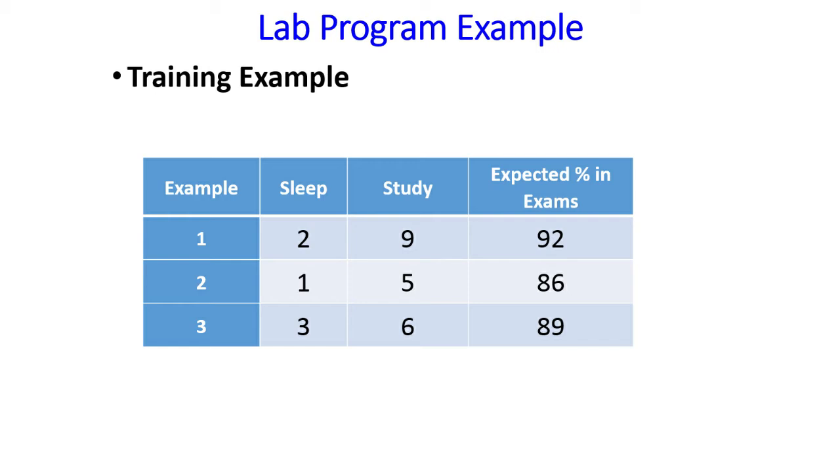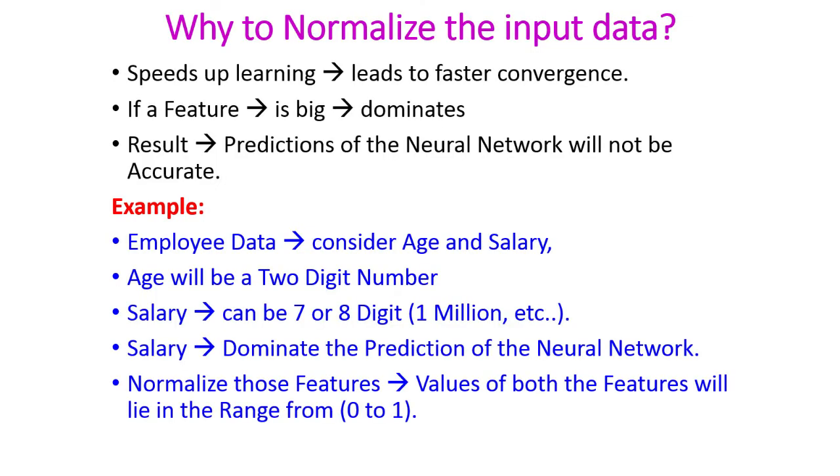In backpropagation algorithm, we will normalize the input data. Let us see why to normalize the input data. Normalizing the data generally speeds up learning and leads to faster convergence.